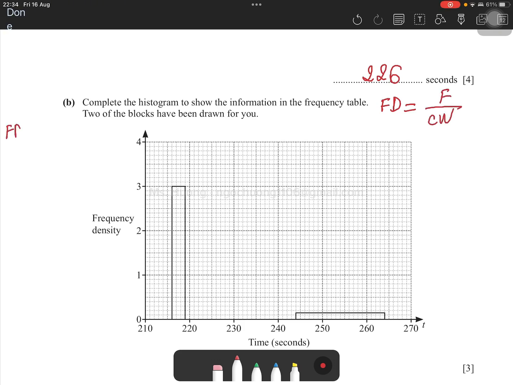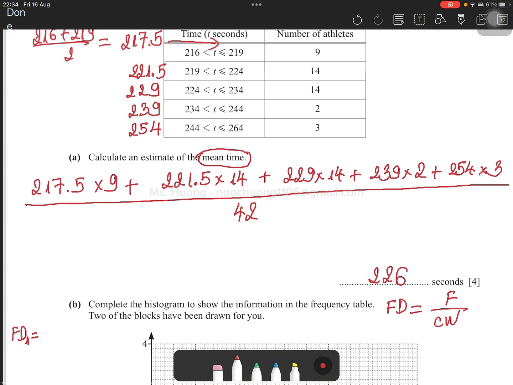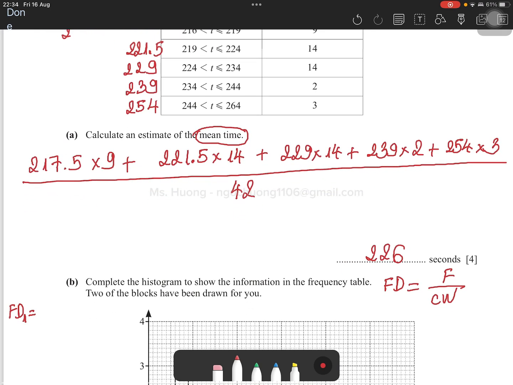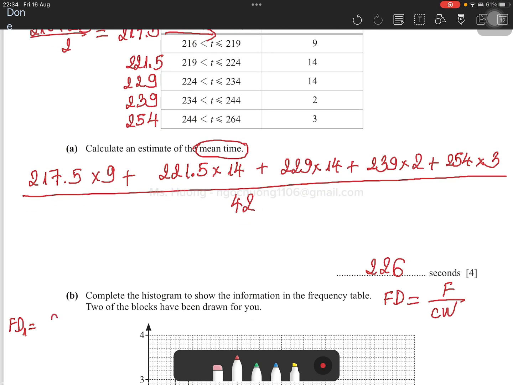So for the first block, the frequency is 9 divided by the class width, which is 219 subtract 216. So this is 9 divided by 3 equals 3. For the second frequency density, it is 14 divided by 224 minus 219. So this is 14 divided by 5 equals 2.8.